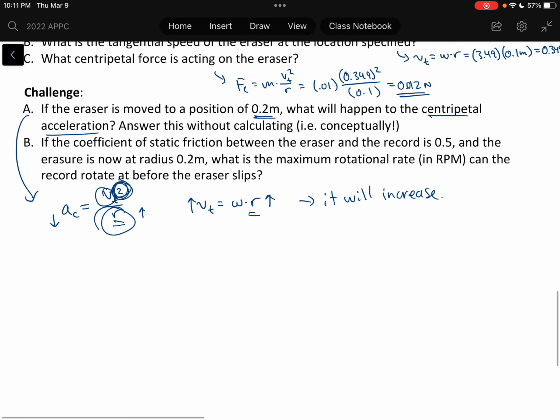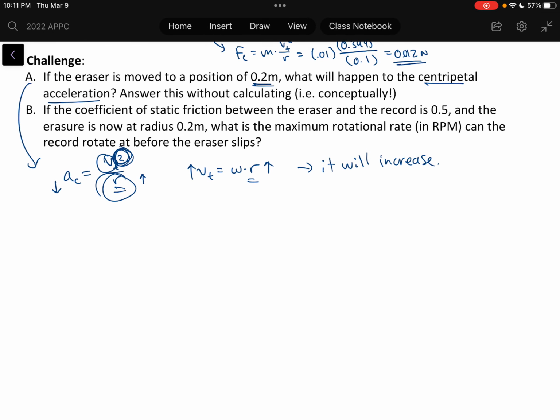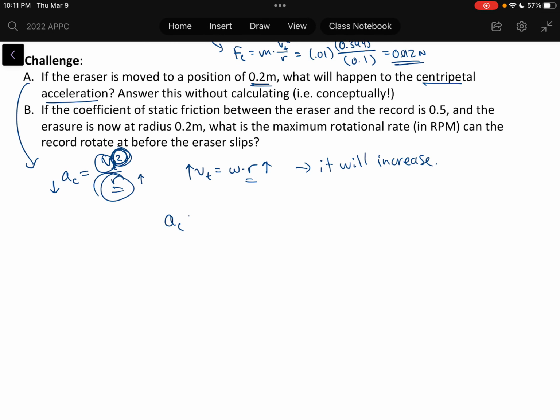Now, we hinted in class that there was a different way of writing centripetal acceleration. If I take that v squared over r and substitute in omega times r and square it, I'll have omega squared times r squared over r, or omega squared times r.